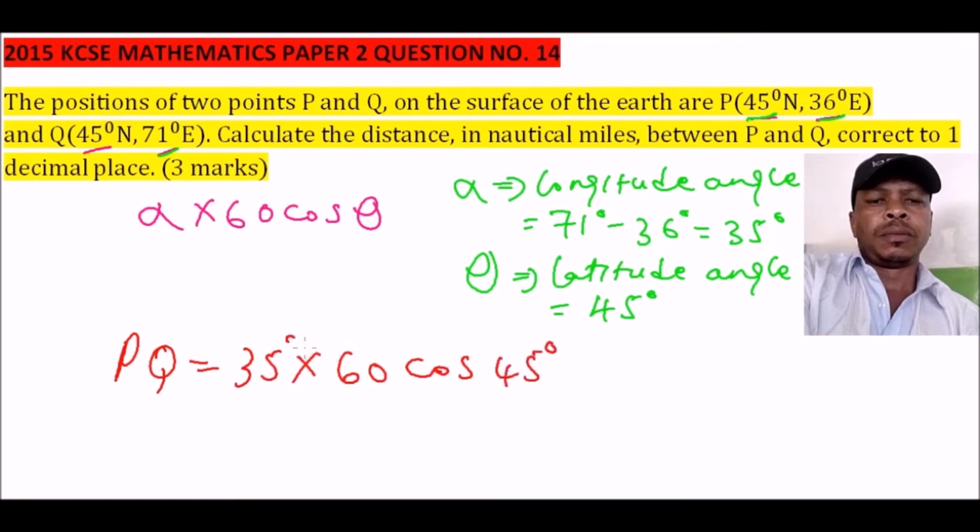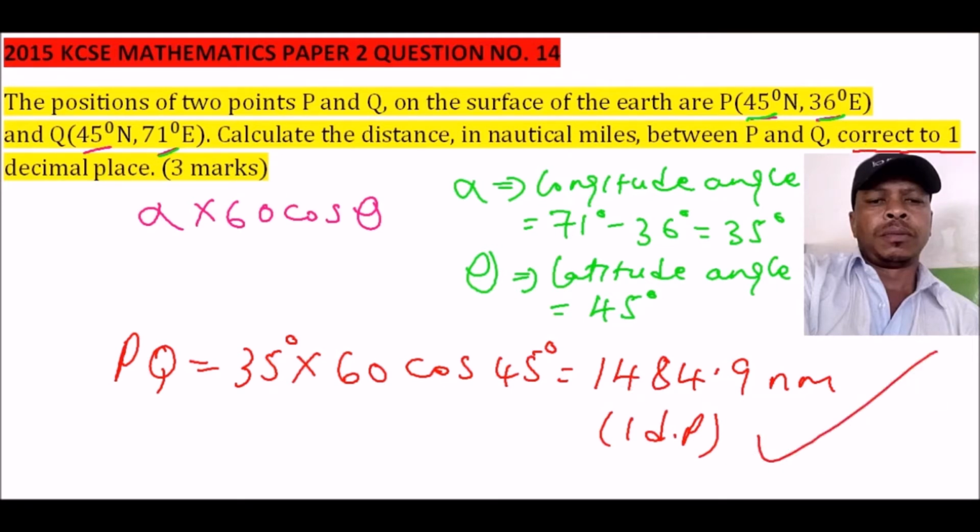These are degrees, so when you use your calculator, you multiply, you get 1484.9 nautical miles, and this is to 1 decimal place. You find when you use a calculator there will be more decimals, but we are told here to correct to 1 decimal place. So that's how you work out that question, and you earn yourself 3 marks.